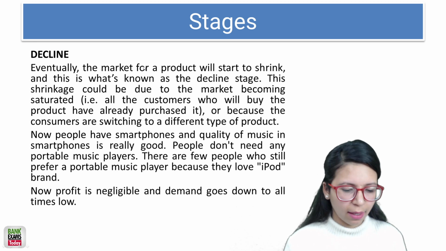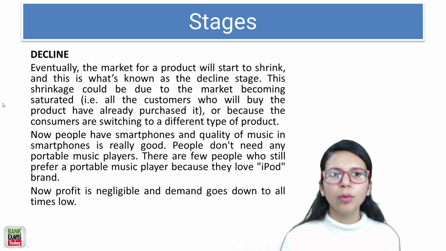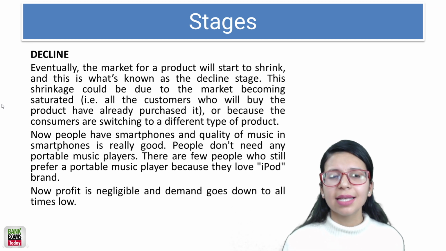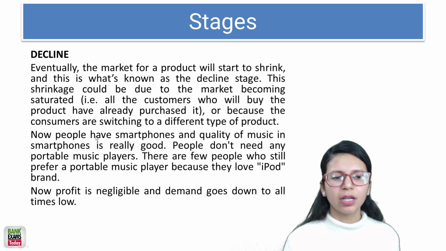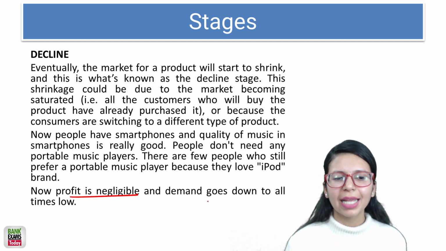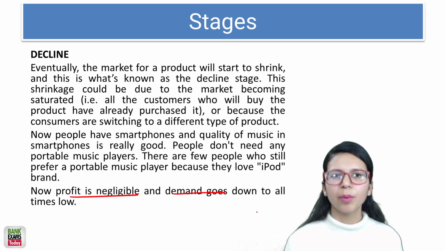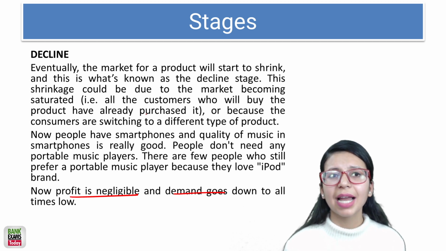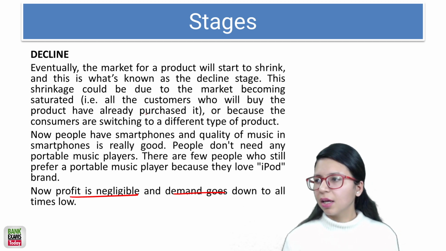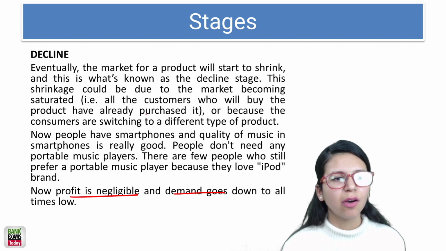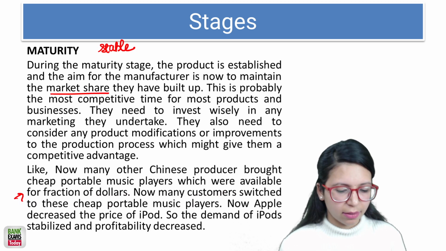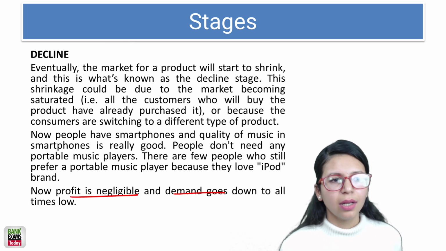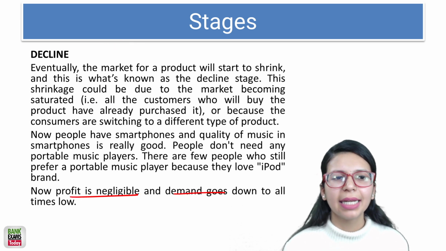Because there are very few buyers that will buy that product, the iPods, the profit will be negligible and demand will go very down. Now why did the demand decline here?